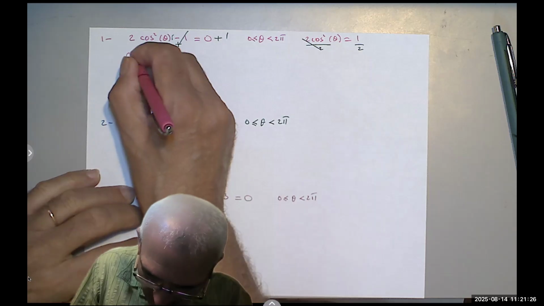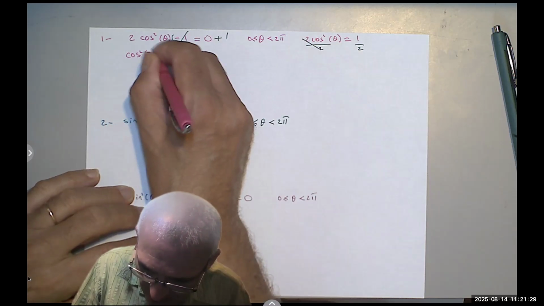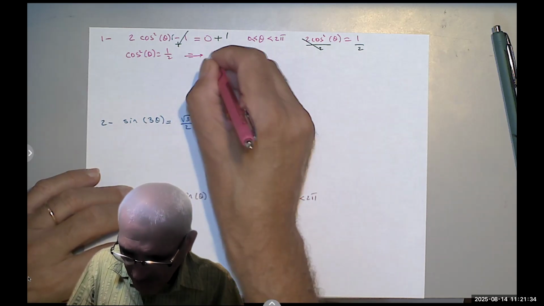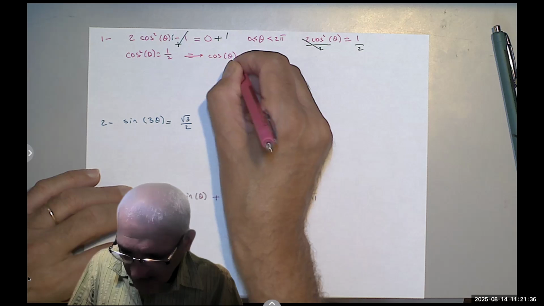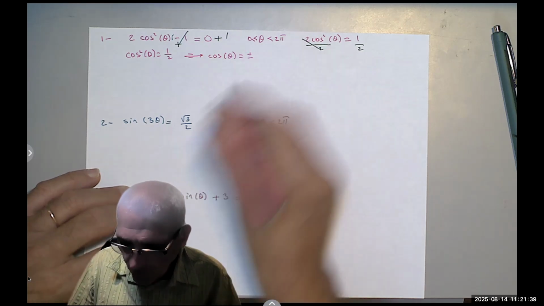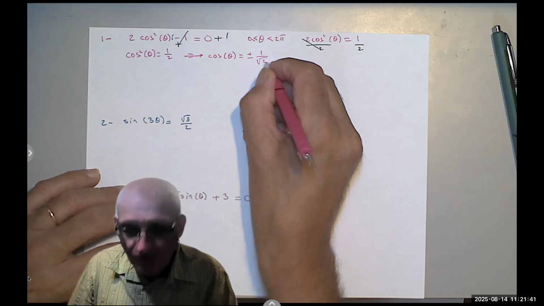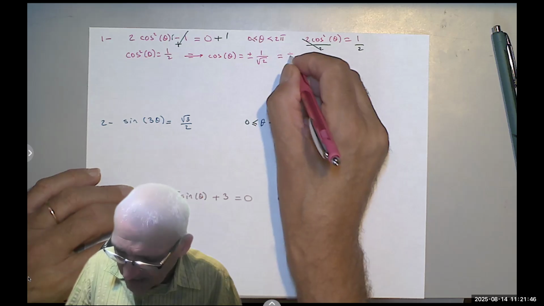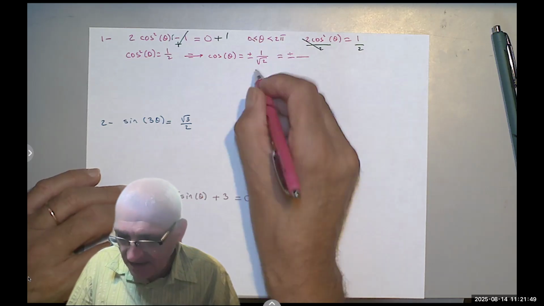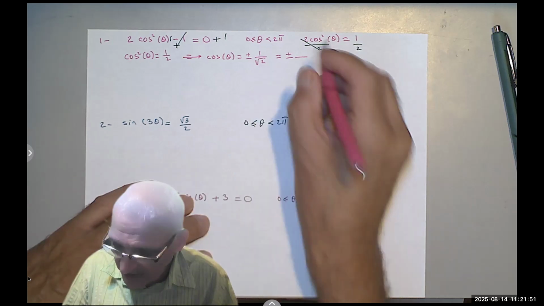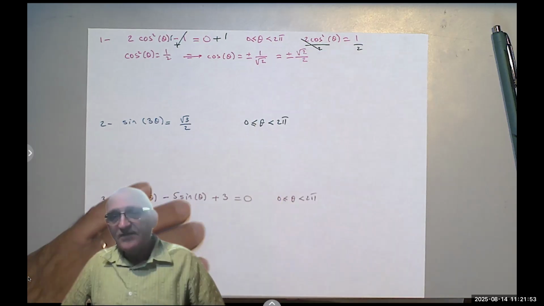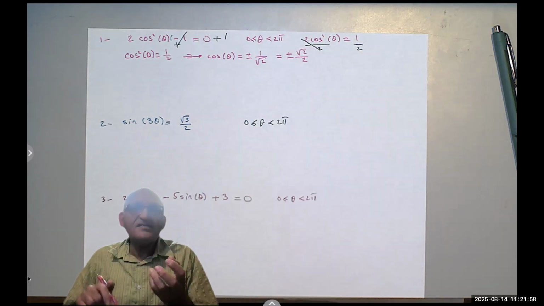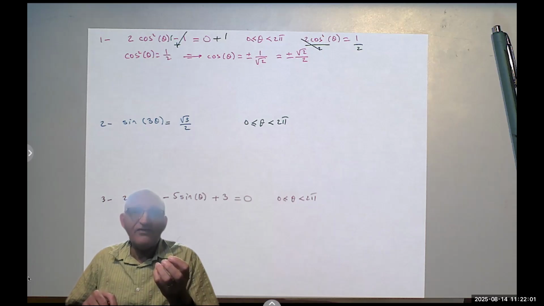If cosine square theta equals 1/2, and I take the square root of both sides, this would give me cosine of theta equals plus or minus 1 over square root of 2. Meaning, if you don't like irrational numbers in the denominator, plus or minus root 2 over 2. If you remember, we found that this angle exists at pi over 4, 45 degrees.